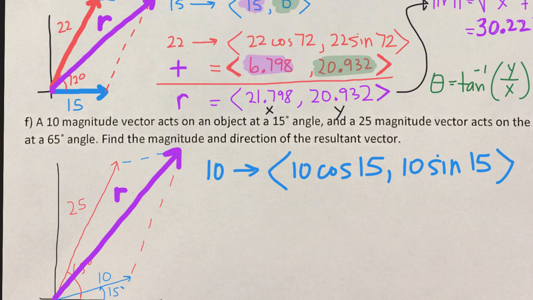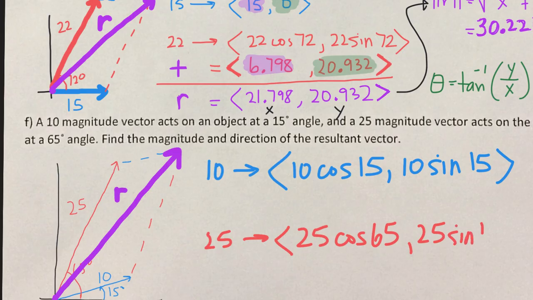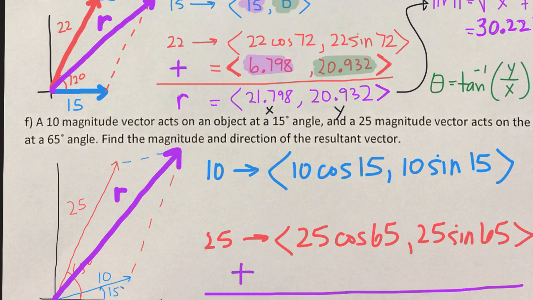We're converting from a magnitude and direction into component form. 25 cosine of 65 and 25 sine of 65. So we're going to convert both of those into their decimal components and then add their x's together to get the components for your resultant. Pause the video and go ahead and do those calculations.